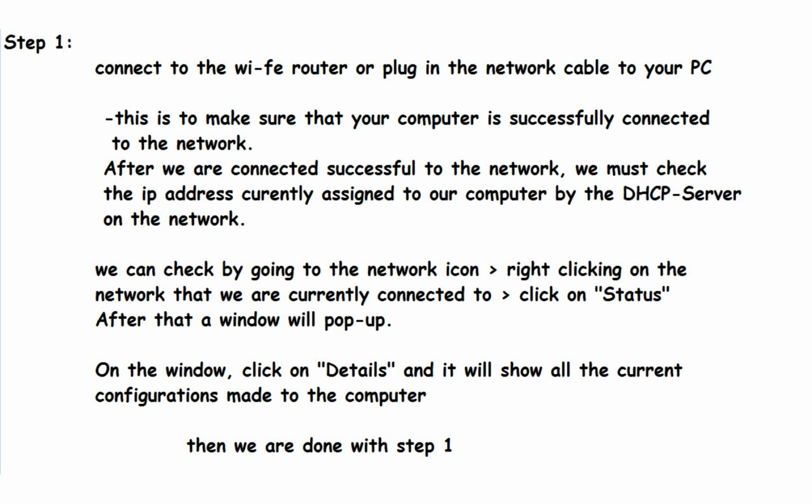After that, a window will pop up, and on the window click on details, and it will show you all the current configurations made to the computer. Then after we have done all that, we are through with step 1. So let's see how we can connect to the router, and how to check the IP address. This is practical now.